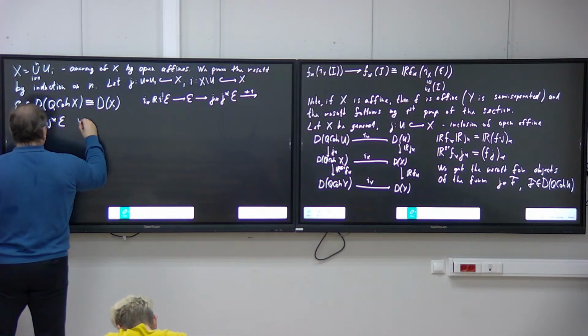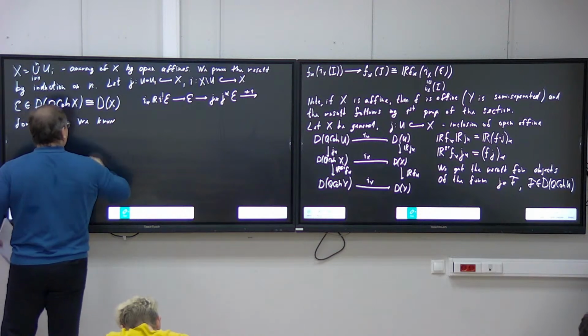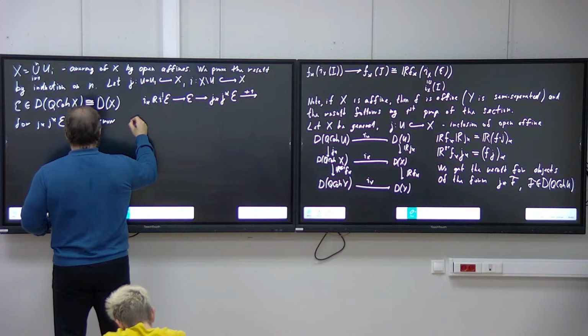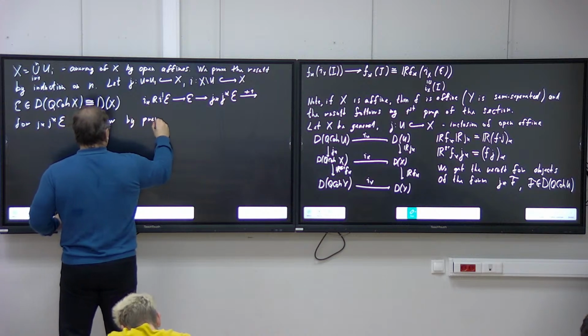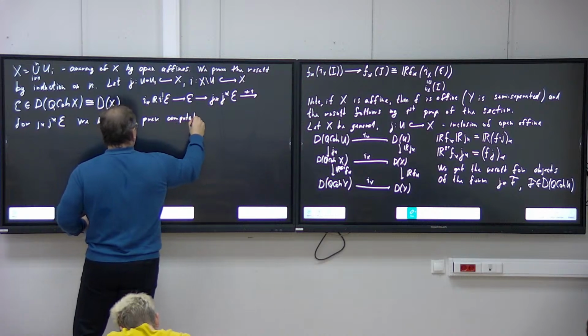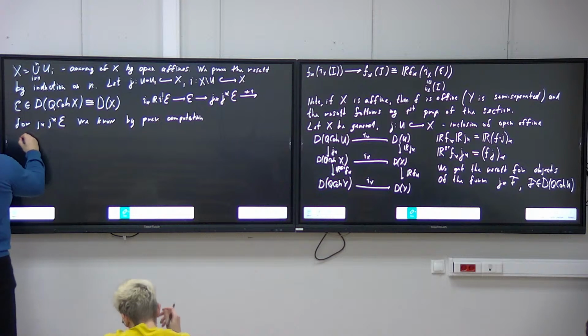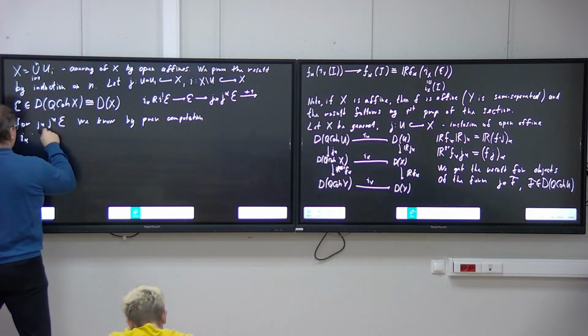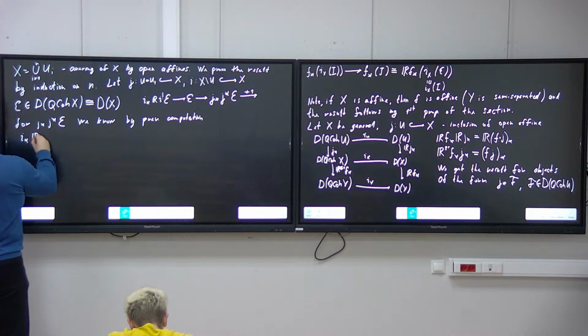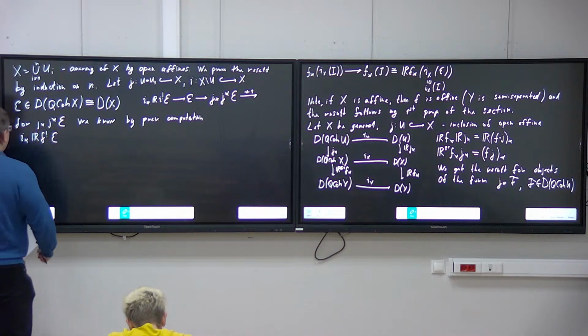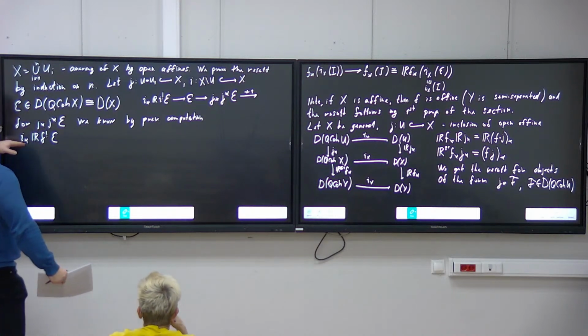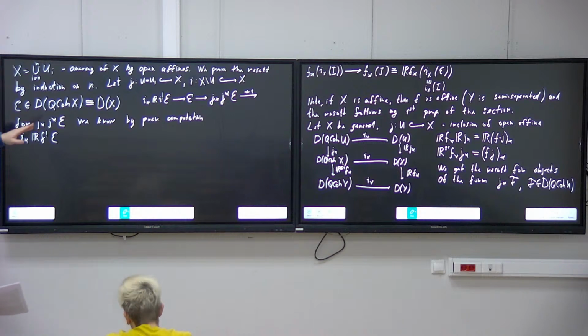So for this we know by the previous computation, and for the case i lower star, since this is supported on the closed set X minus U, it will be something covered by everything starting from i equal to 2. So this we know by the induction hypothesis.